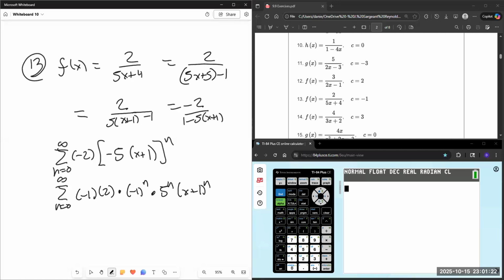I'm going to try and put all the -1 things together. So this is -1 to the n plus 1 times 2 times 5 x plus 5 to the n. Pull the 2 all the way out there.